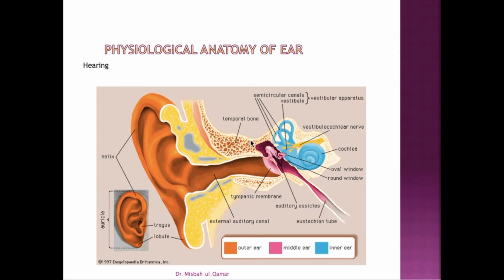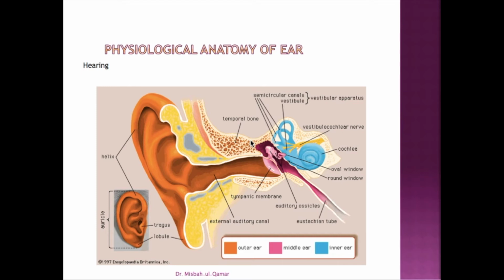The blue color shows the inner ear, which consists of the cochlea and the vestibular apparatus. The cochlea is for hearing, while the vestibular apparatus is concerned with balance, which further consists of the vestibule itself and the semicircular canals.